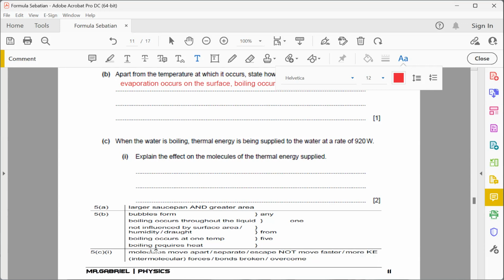There are better alternatives. You probably write that molecules gain energy and move further apart until the forces of attraction are overcome and they change from liquid to gas state.